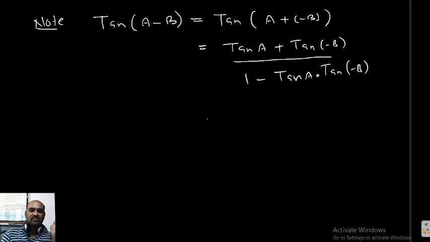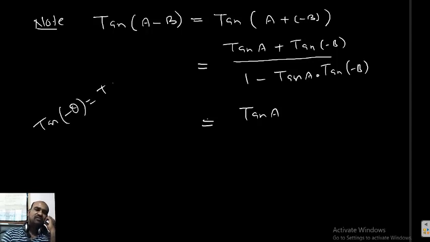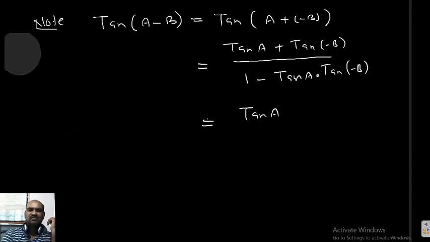So what happened? It is equal to tan A as it is, tan of minus beta. Already you know tan of minus theta is minus tan theta. Only secant of minus theta is plus secant theta, cos of minus theta is plus cos theta, remaining all trigonometrical ratios give minus as output. Sin of minus theta is minus sin theta, like that. Tan of minus theta is minus tan theta.